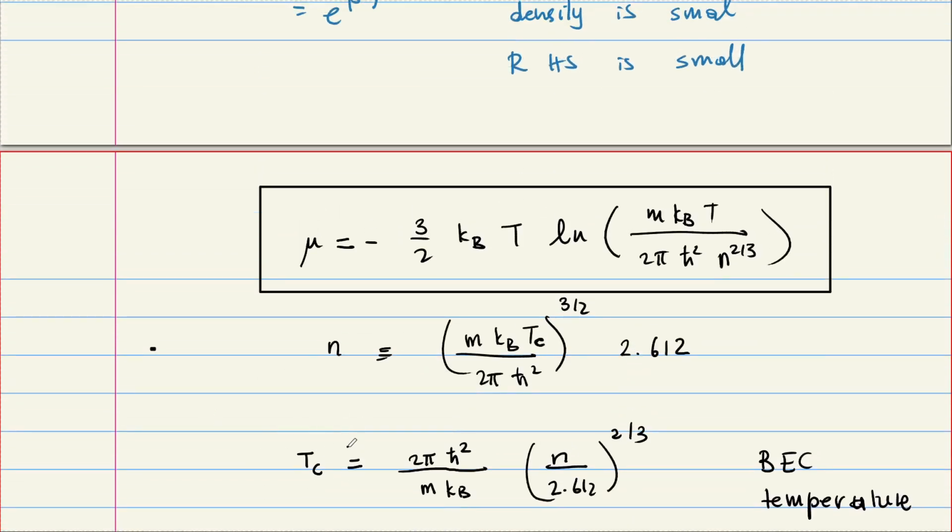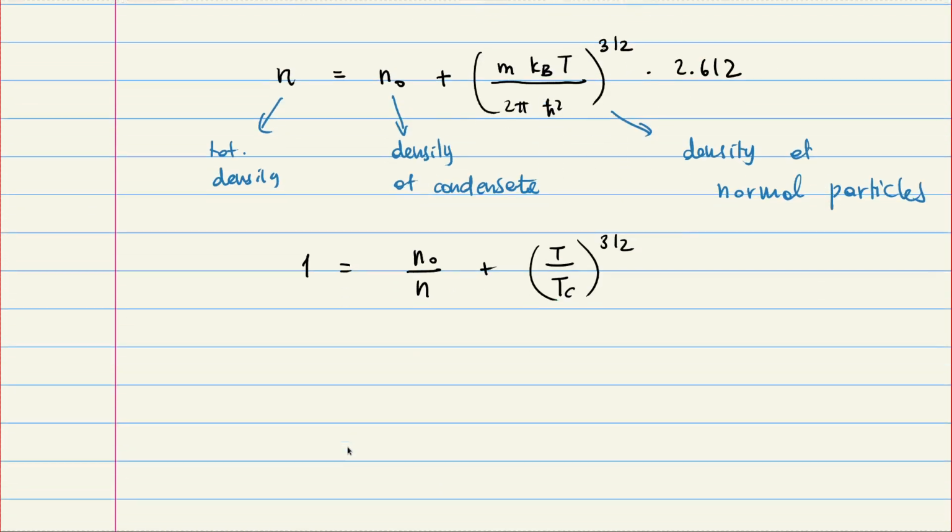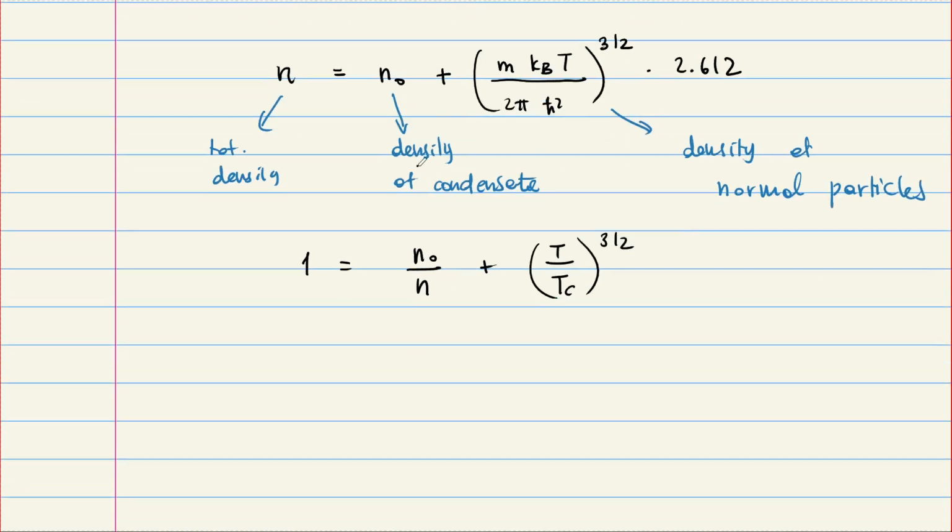It is nice to put this equation in dimensionless form. And what you can see here is that n0 over n is equal to 1 minus this object. And that's the important result.